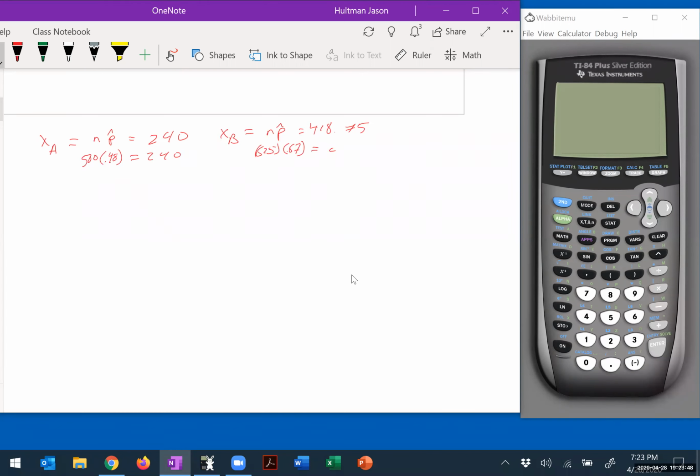That equals about 419. The x values have to be in terms of whole numbers.